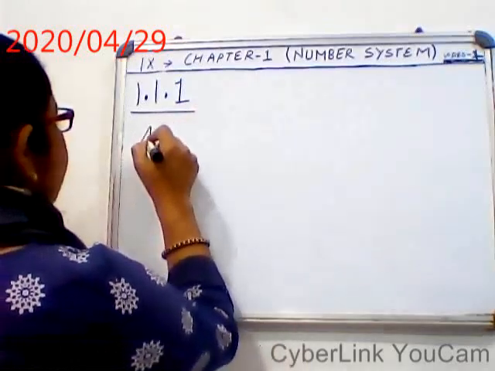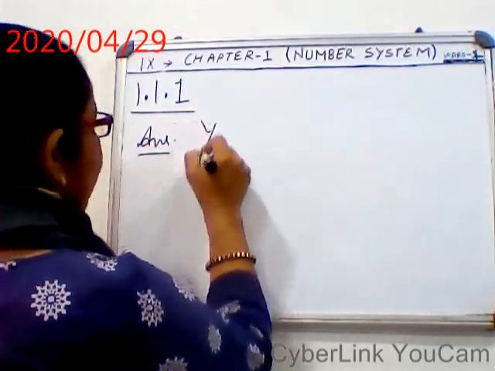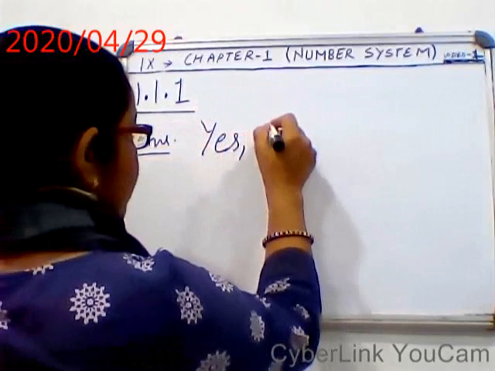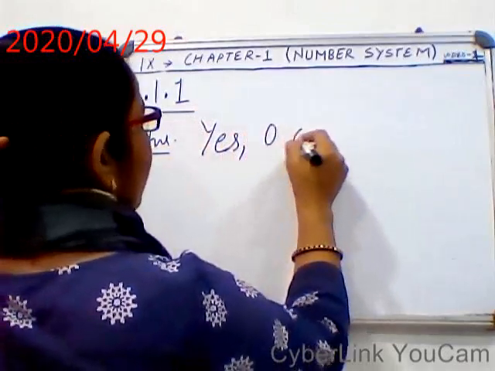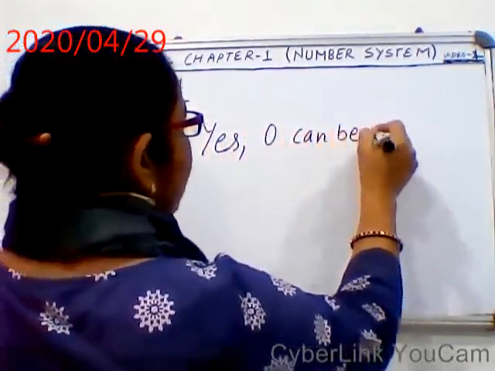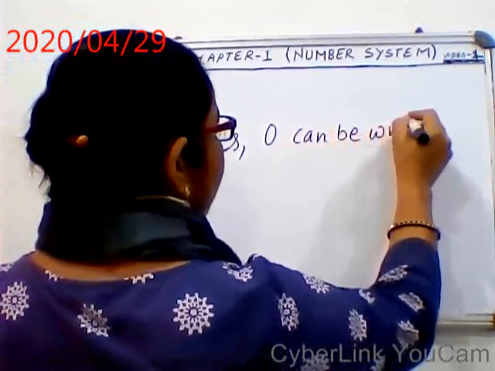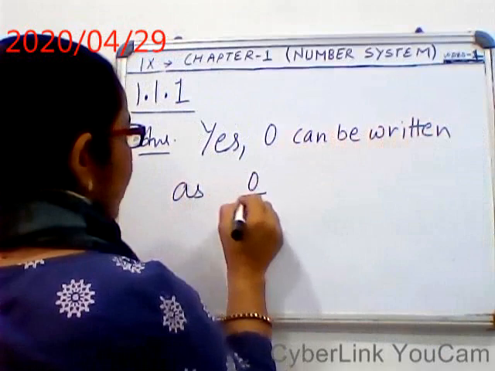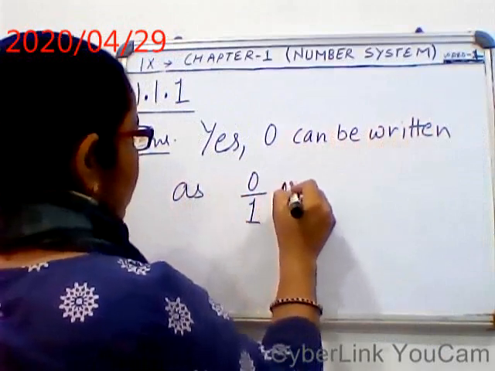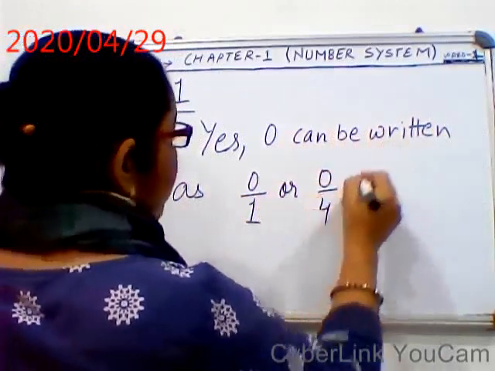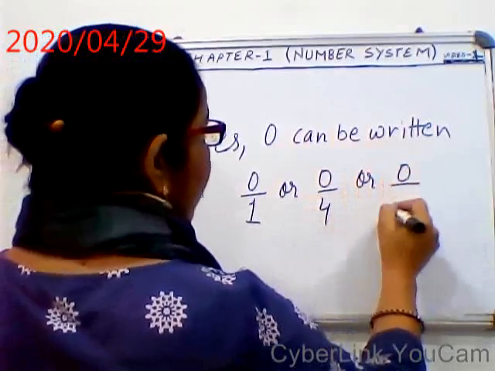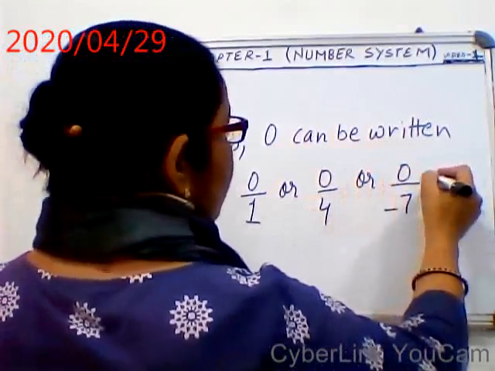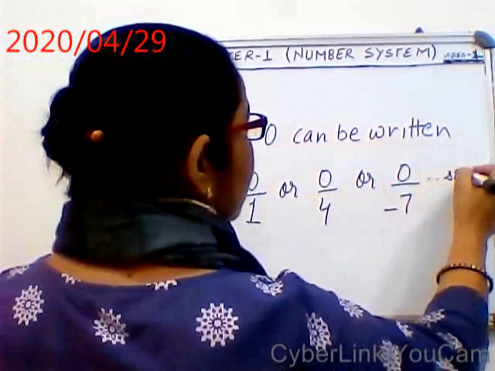So, answer: yes, 0 can be written as 0 by 1 or 0 by 4 or 0 by -7, and so on.